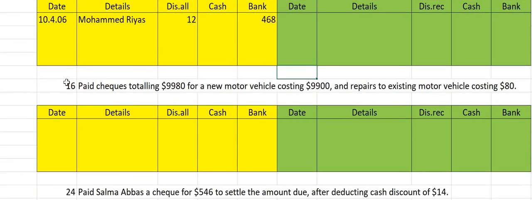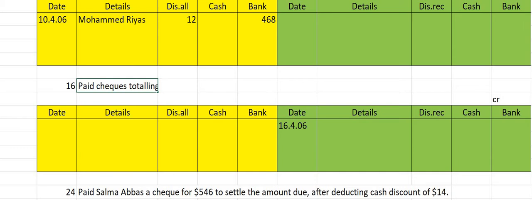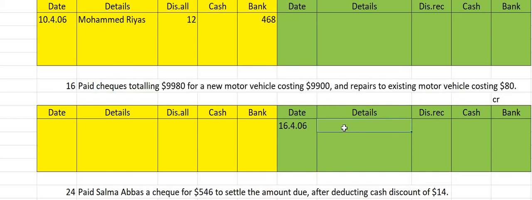Now 16th, paid cheques. Paid means you enter it on the credit side, green side. Let's enter the date, which is 16/4/06. Right? What did you pay for? You paid for a motor vehicle and for motor vehicle repairs. So we need to enter this separately.